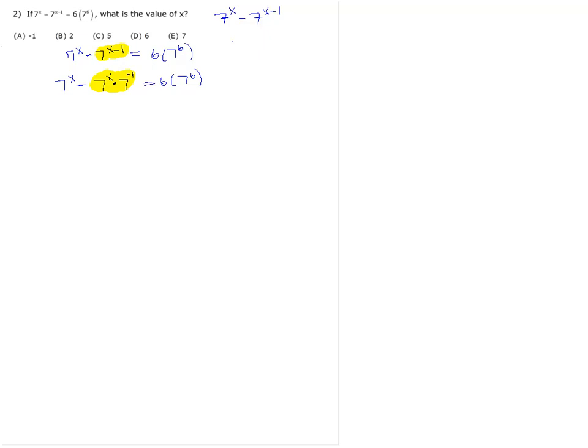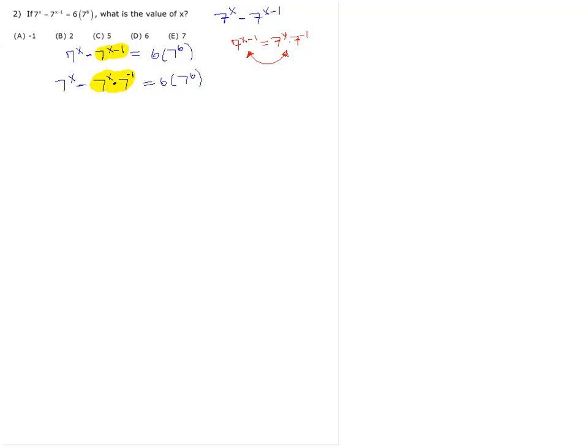When you see 7 to the x minus 1, I would almost instinctually, unless there were compelling evidence not to, express that as the rule just written the other way. So these two are two sides of the same coin. They're exactly the same, just written a little bit differently. I encourage you to keep that in mind whenever you're doing exponent problems.